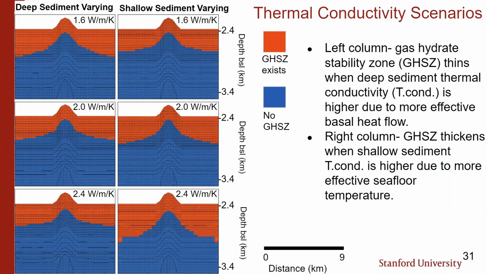The opposite effect occurs, where with the higher thermal conductivity there's a thicker gas hydrate stability zone. This is because, conversely, the sediment is more effective at conducting the upper boundary condition of a cool seafloor temperature, which thickens the stability zone. So this is pretty important to keep in mind when you're creating these basin models.